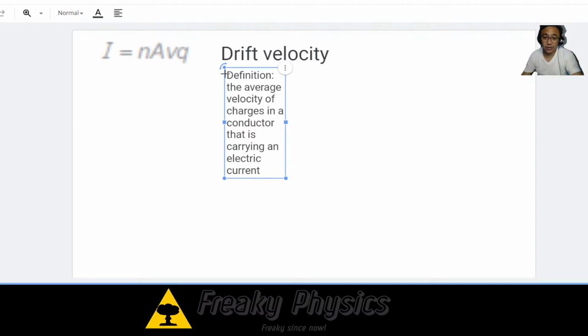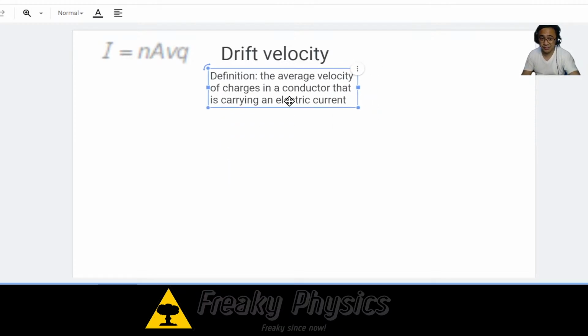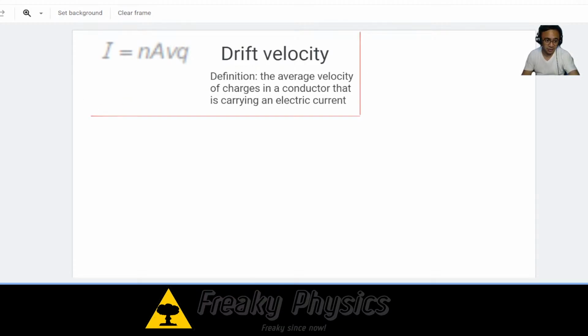Now, what do you need to learn here aside from the definition and the formula? Because the formula later on, you just apply it, right? The thing you need to learn here is what exactly it means, as usual.